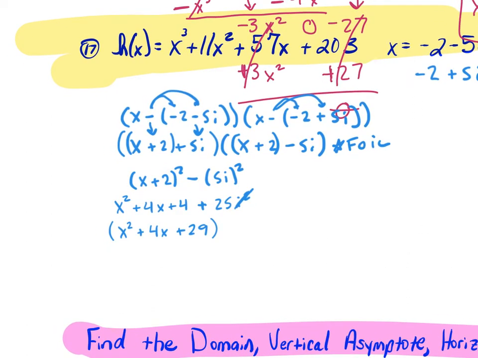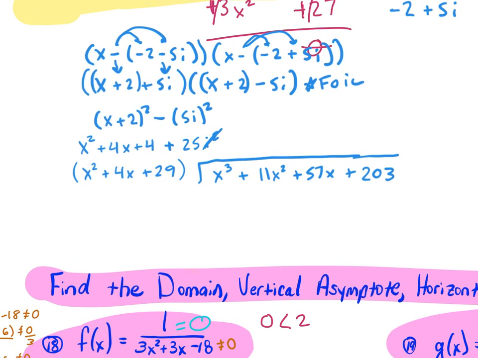Once we get here, we need to divide. So we're going to divide this into our original polynomial, x cubed plus 11x squared plus 57x plus 203. So what times x squared gives us x cubed? x.